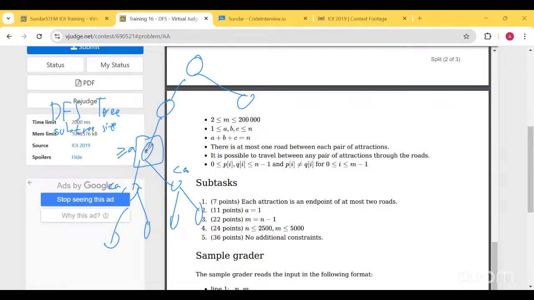So this is that u. All right, and this node always exists, and we can just find it in O(n) complexity, right?